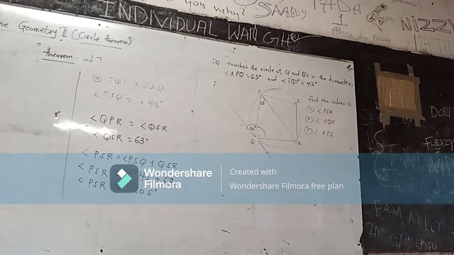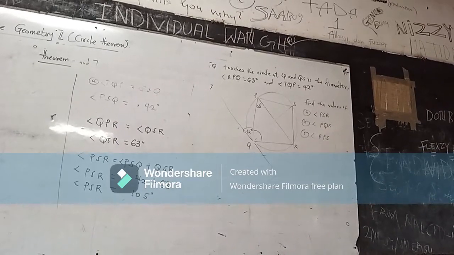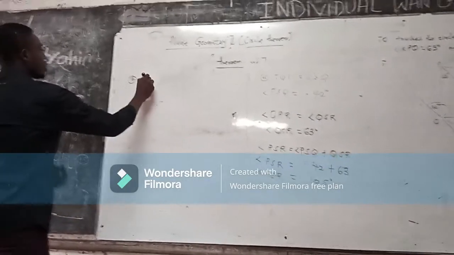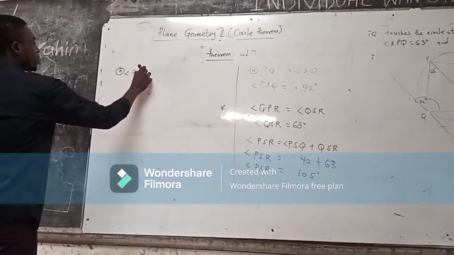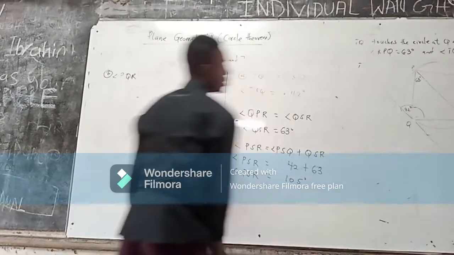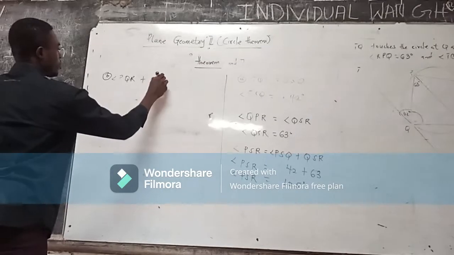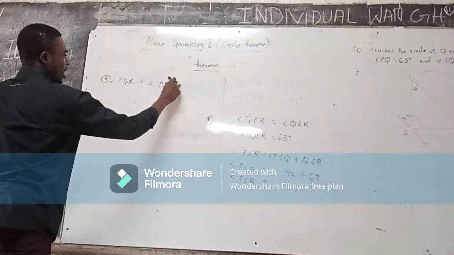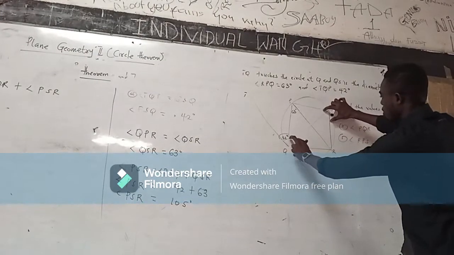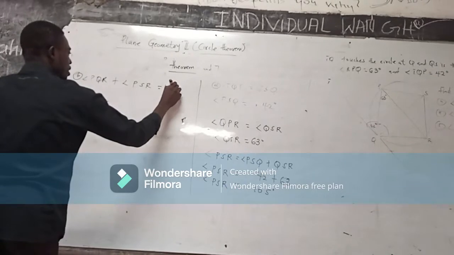If you want to find this, it is what they gave you. That is angle PQR plus angle PSR. These two angles, when you add them, you have to get 180.